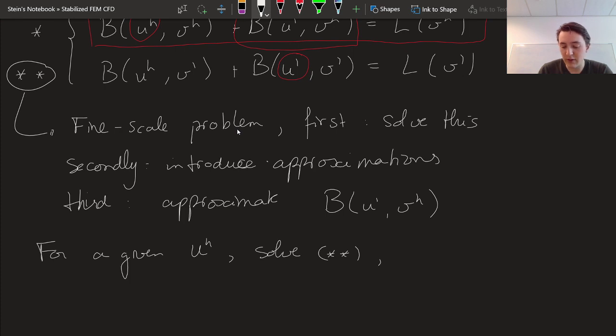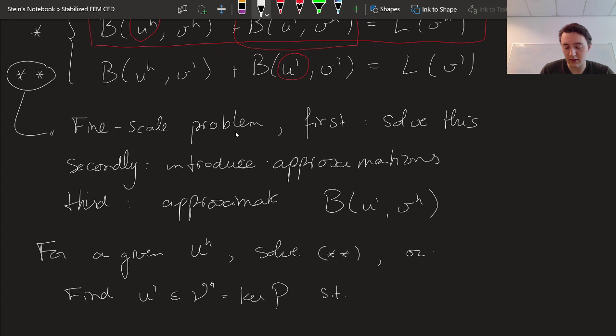And we're going to rewrite this into a slightly different form. Find U prime in V prime. And again, this is the kernel of the projector. I think it's important to keep emphasizing that.